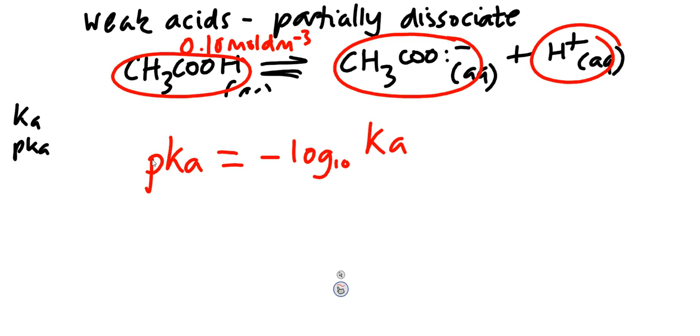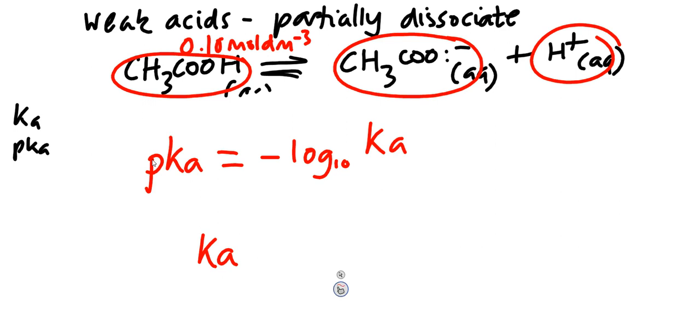So if you're ever asked to calculate pKa, given Ka, it's a similar process to what you did to calculate pH. If you need to know Ka, let's imagine in a question about a weak acid, they're going to ask you to calculate the pH of the weak acid. You're going to need to calculate the concentration of the H plus ions.